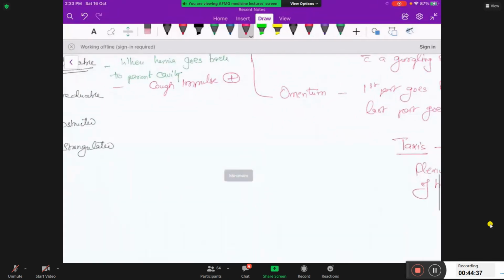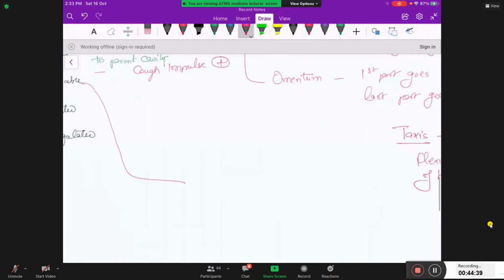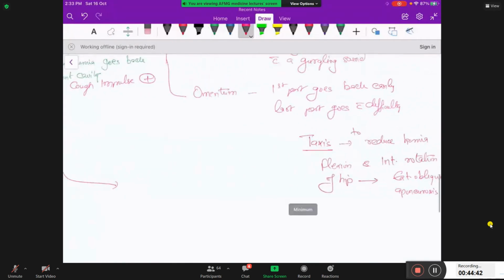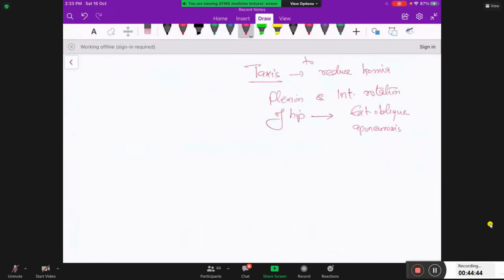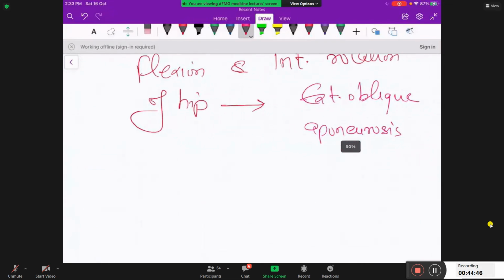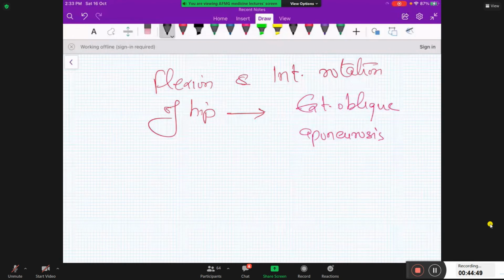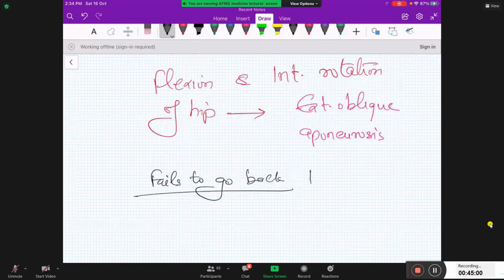Then comes an irreducible hernia. Irreducible hernia fails to go back. When a hernia fails to go back to its parent cavity, it is called irreducible hernia, right?